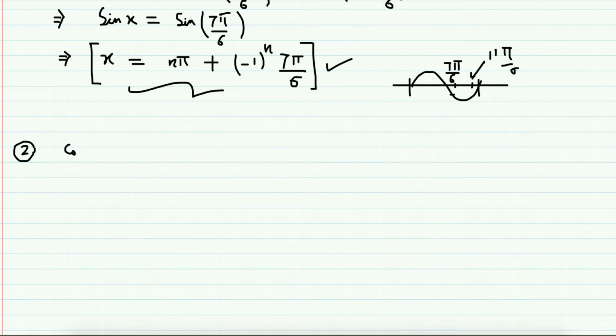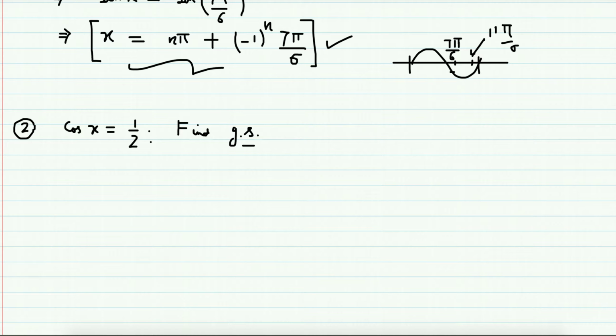So we are given cos x is equal to half. Find again the general solution, or it may also be written as solve this equation.